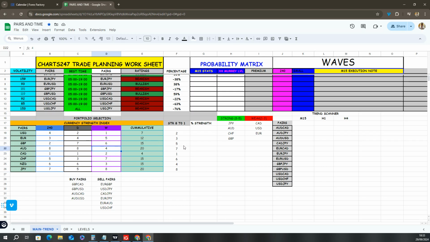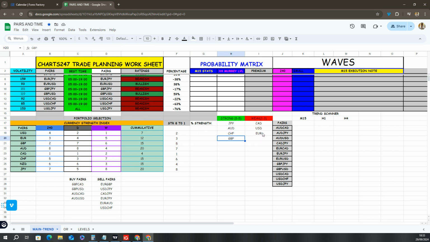Then we've got the Swiss as 6, pound as 5. We have the New Zealand as 4, the euro as 3, dollar 2, CAD 1. Therefore, we have these numbers here: JPY, Aussie, Swiss, and pound.